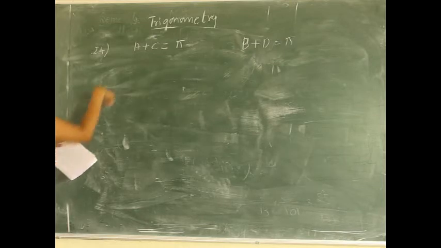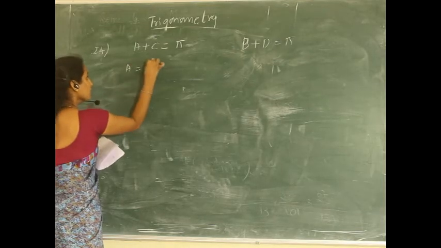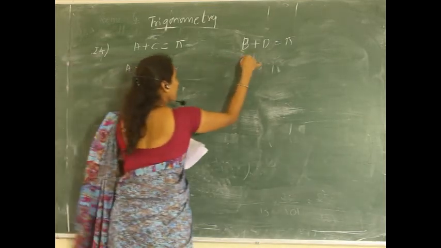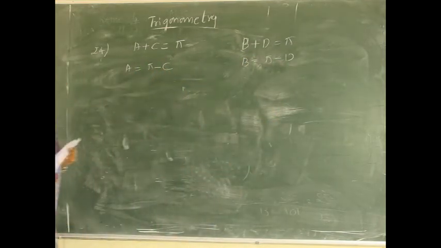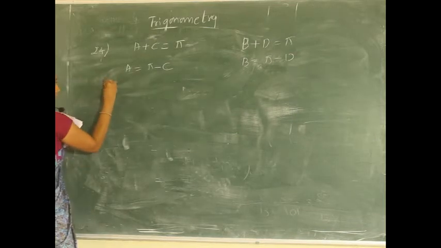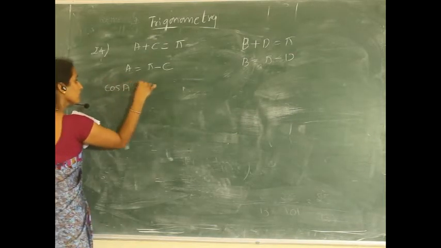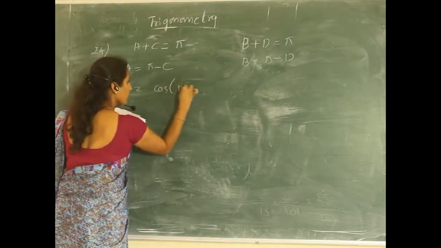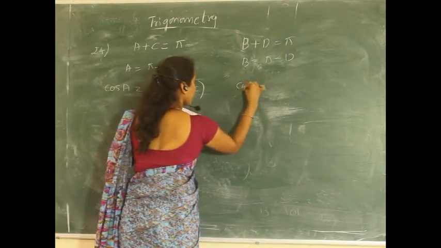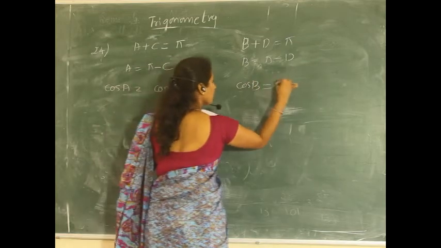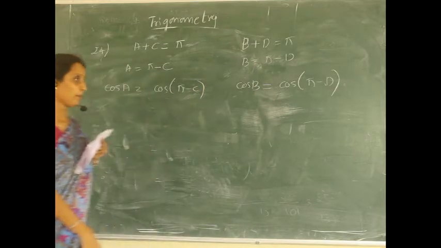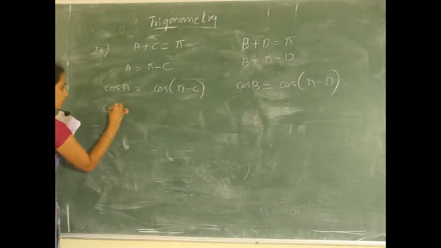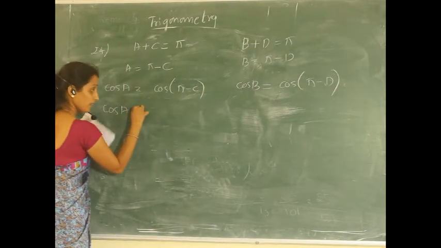If A plus C is 180, then A is equal to pi minus C and B is equal to pi minus D. So A is equal to pi minus C, then we take cos. Cos A is equal to cos of pi minus C, and cos B is equal to cos of pi minus D. So cos A is equal to minus cos C, since it is in the second quadrant.